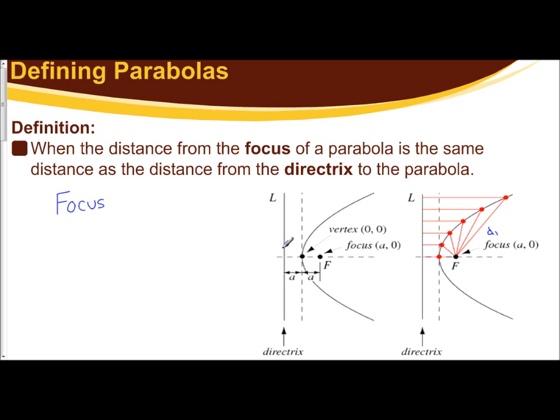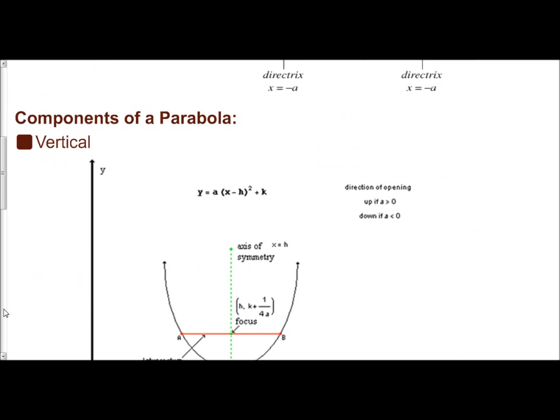The next new concept is this line, which we refer to as the directrix. Those are two new concepts we have not dealt with for a parabola before. So we're going to have to examine these two components along with a different one. Let's move on and look at those components.